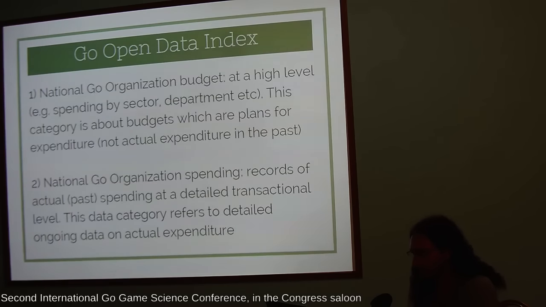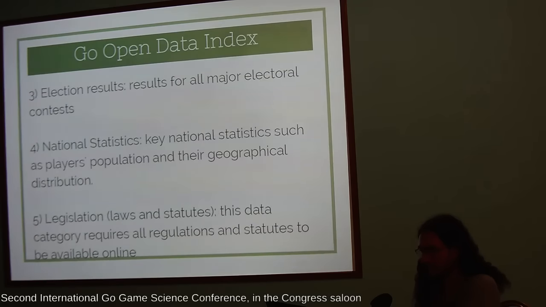So, the first one, I will go a little fast because we don't have a lot of time, is the National Go Organization budget. So the plans for expenses. The second is the spending, if there is a detailed record of the expenses of the National Go Organization.